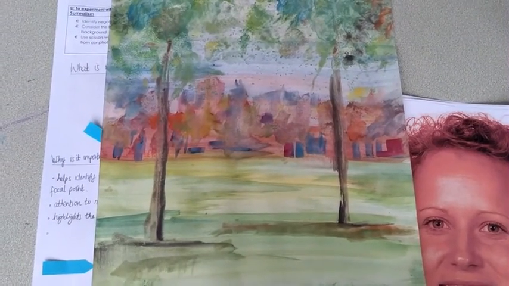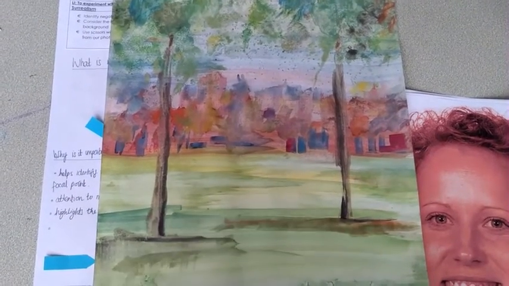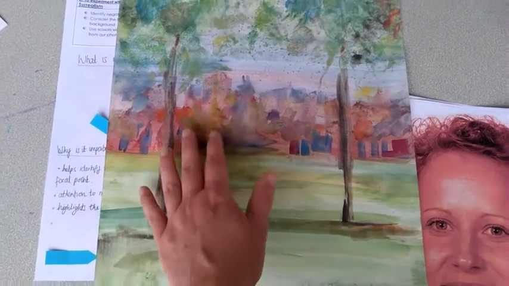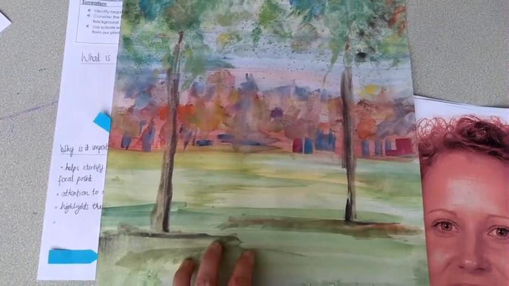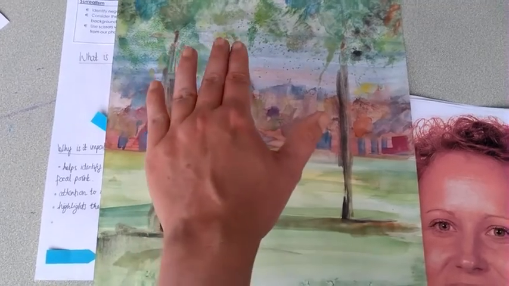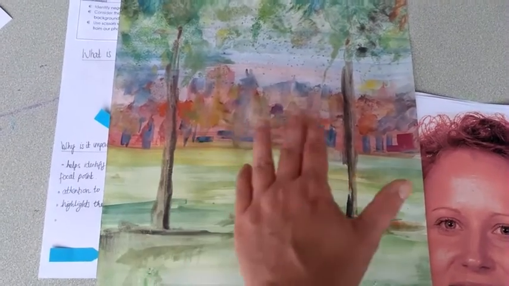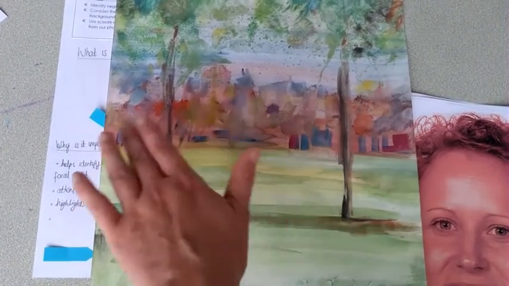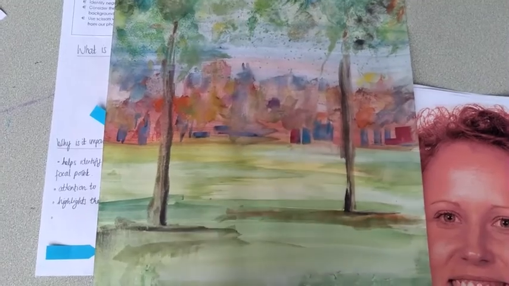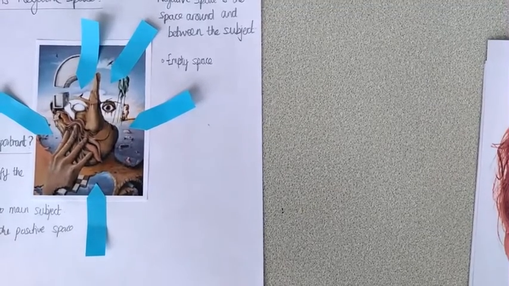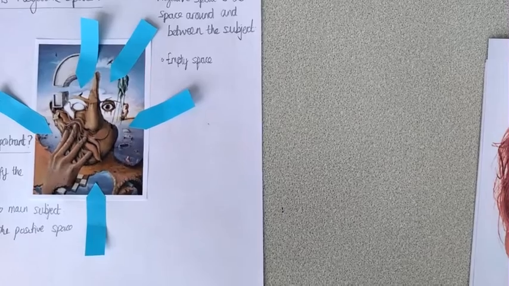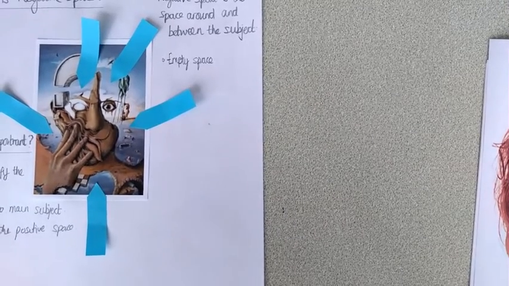So last week when we were creating our backgrounds, we were aware of this middle section here. So remember, this is the foreground where the viewer is standing. The background is behind the trees, and I've got this city town scene in my middle ground. So at this stage, all our backgrounds should be nice and dry. We are focusing on that middle ground.